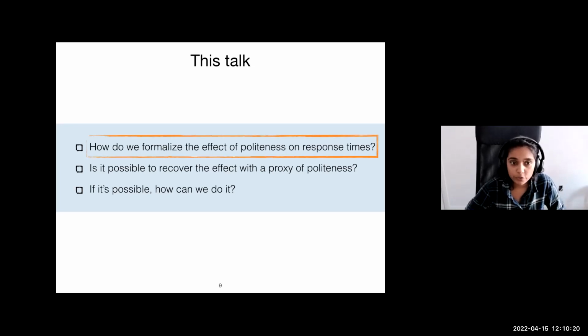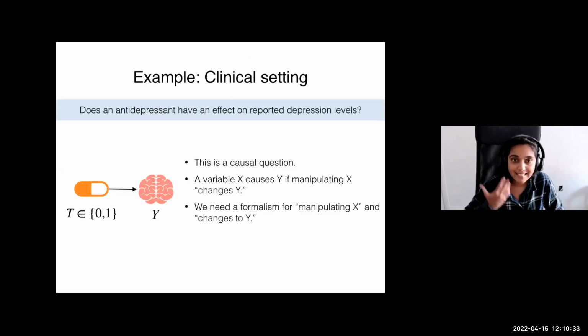Okay, so first we're going to answer this question about formalizing causal effects. And so to do this, I'm going to pivot away from text entirely and talk about perhaps a more standard setting in which causal inference as a field has really developed. And so this is the clinical setting where we might have new therapeutics like an antidepressant, and we might wonder whether an antidepressant has an effect on reported depression levels.